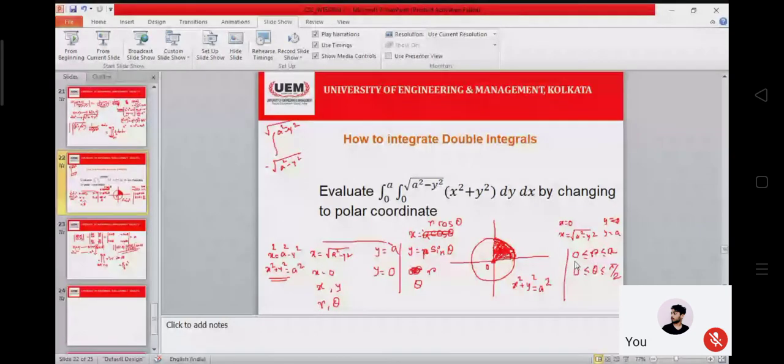It will not be minus a to a, because your radius is always 0 to a, but your theta is 0 to pi, right? You are starting from here at 0, then moving up to pi, and r is running from 0 to a. So in that case only theta will change, it will be 0 to pi. Am I clear?